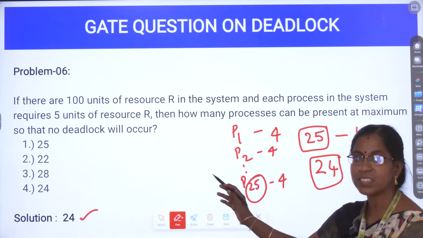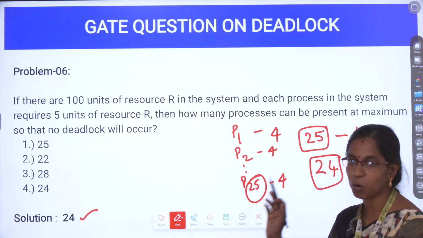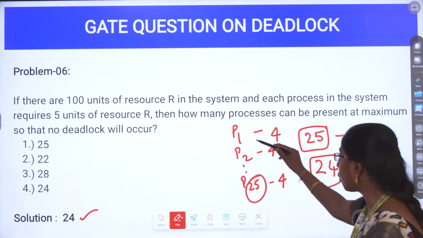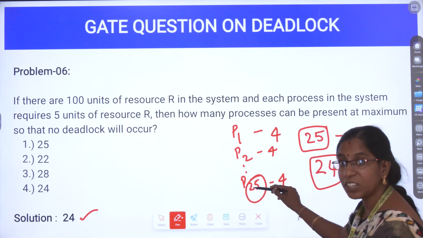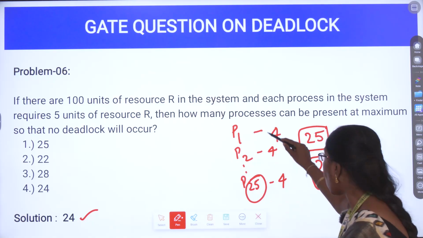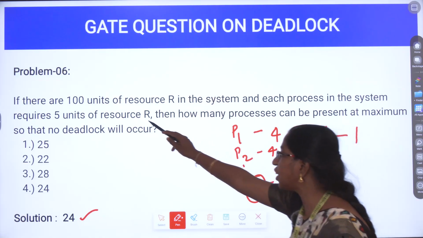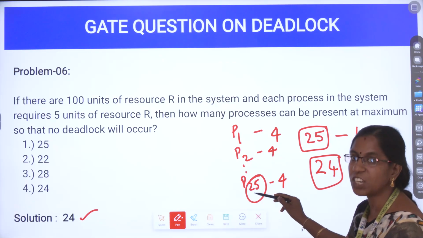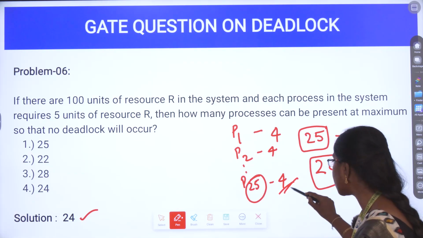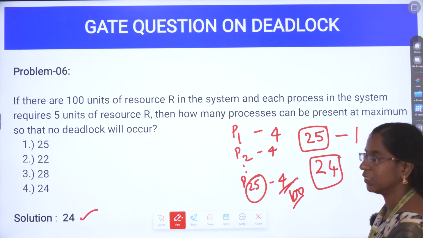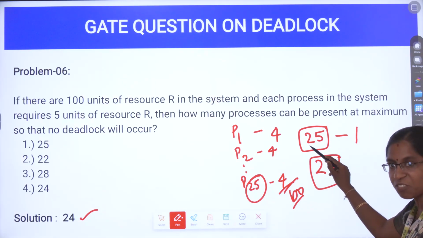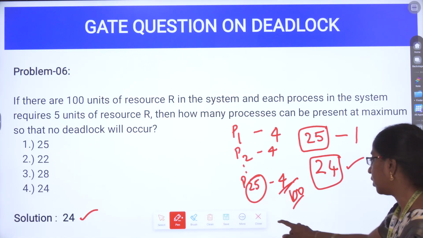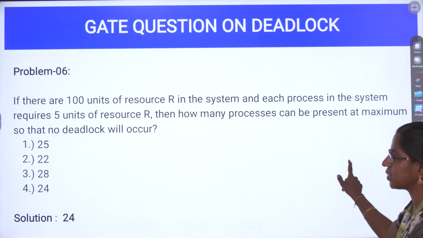Here do not concentrate on resources, only on processes. If P1 occupies 4, P2 occupies 4, at the time of the 25th process, all the requested 100 units of resources would be utilized. At process P25, 100 units would be completed. So the total number of processes 25 minus 1 gives the maximum number of processes.